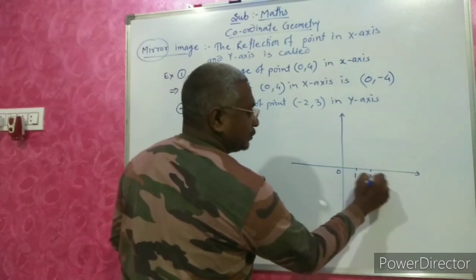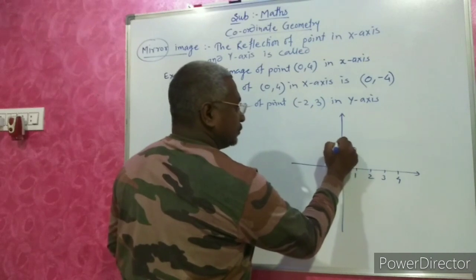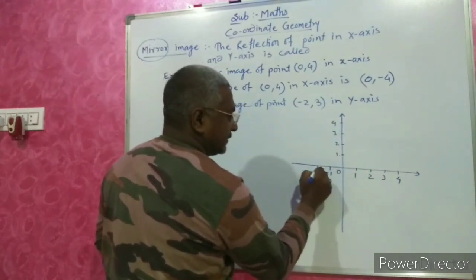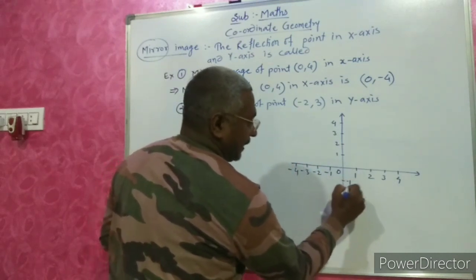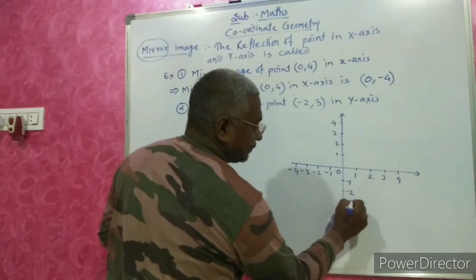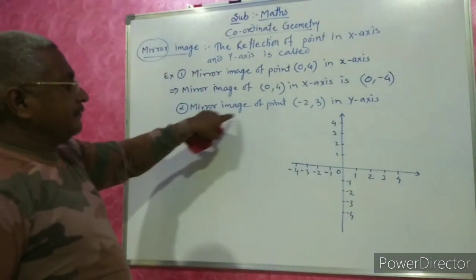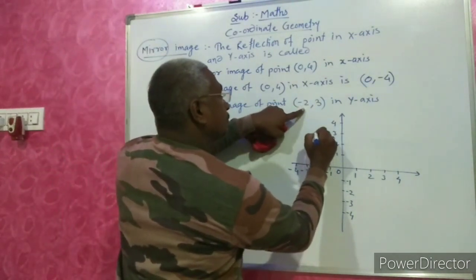0, 1, 2, 3, 4, and -1, -2, -3, -4 on both axes. Where is the point (-2, 3)?